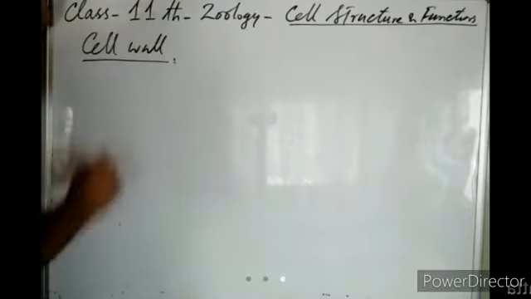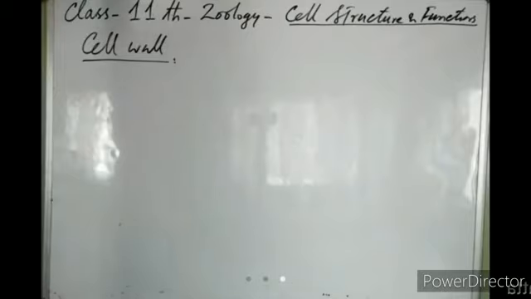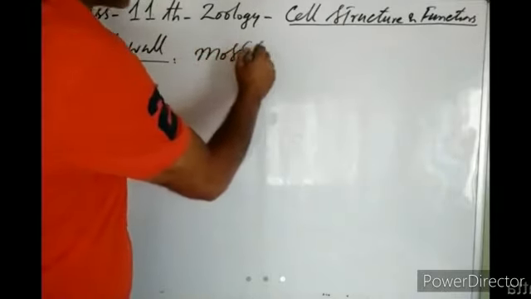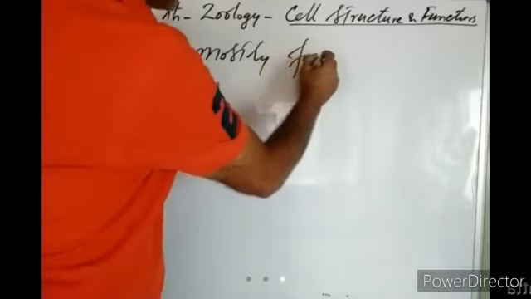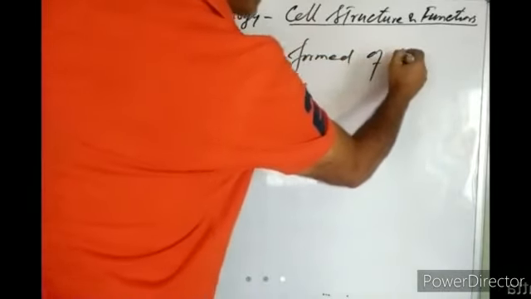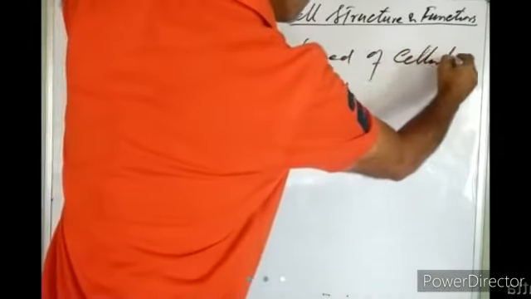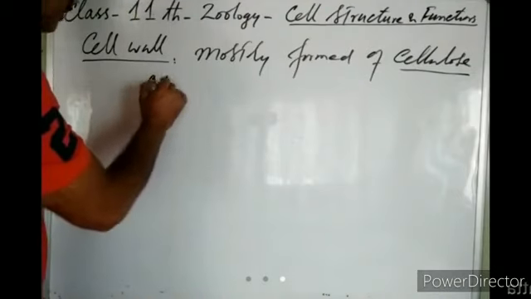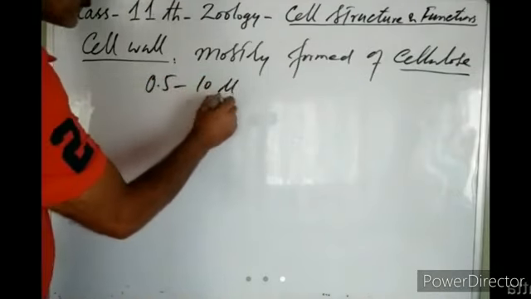This cell wall of the plant cell is mostly formed of cellulose, and its thickness varies between 0.5 and 10 microns.